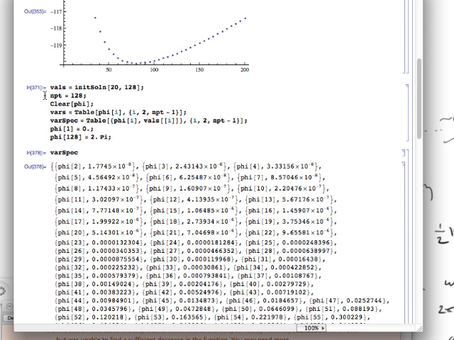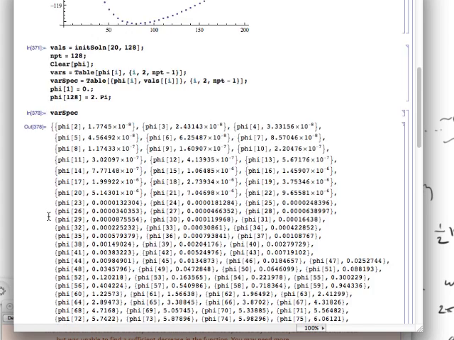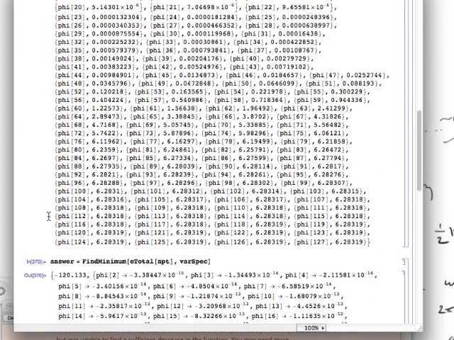I clear my function phi. I declare my variable specification as being a big long list of phi as yet undefined and what its initial value will be. And so then these things, phi 2, phi 3, phi 4, etc., are perfectly acceptable variables for find minimum to minimize with respect to.